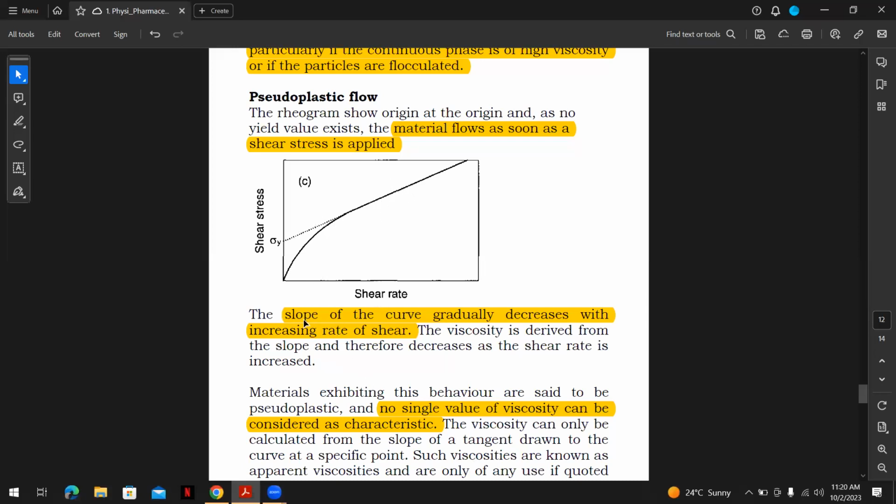So as the slope of the curve decreases with increasing shear, the more we increase the rate of shear, the viscosity also decreases and the slope decreases.